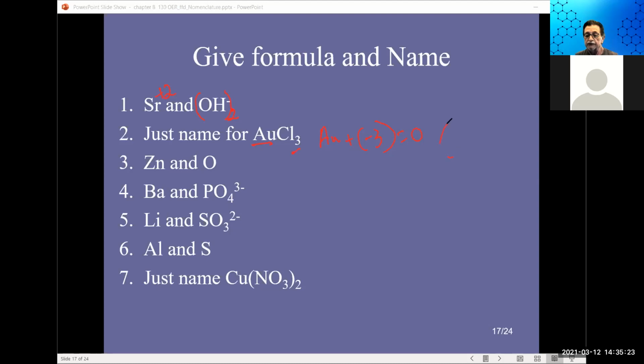And so in this case, gold will be equal to a +3 oxidation state. So there'll be a Roman numeral 3 in the name. Zinc, we know is one of the exact oxidation states, +2, and oxide has a -2. So we can simply put those together.